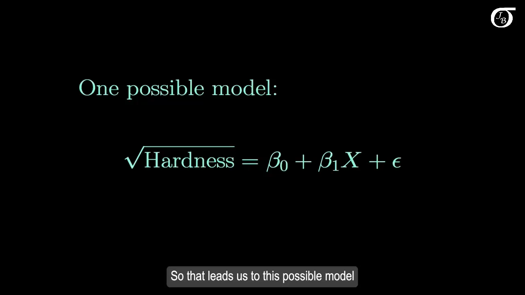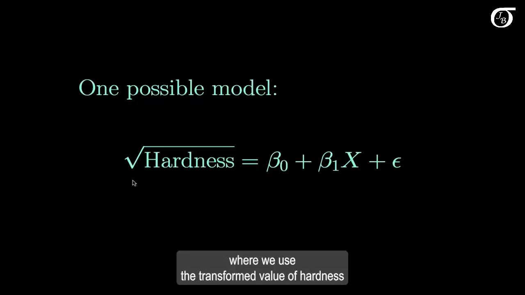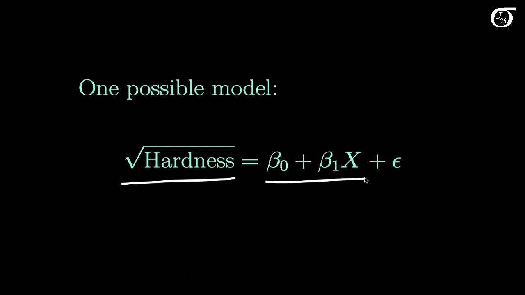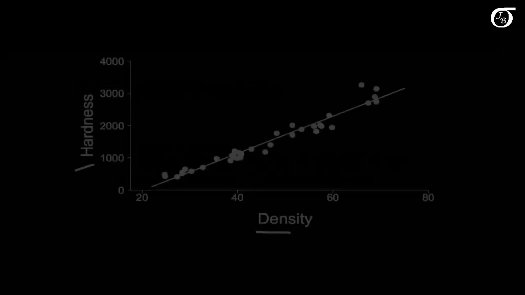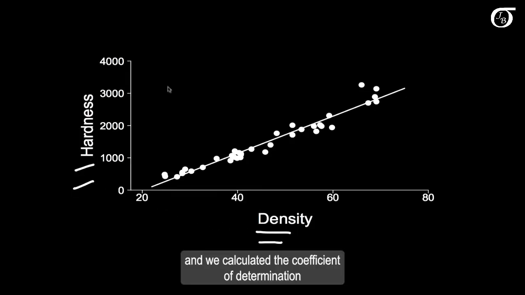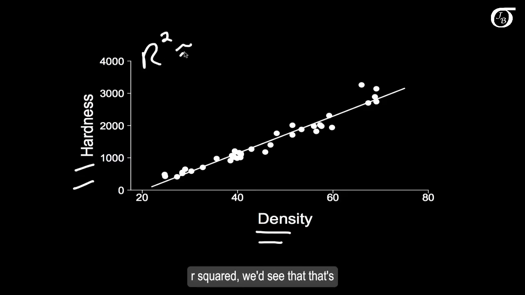So that leads us to this possible model, where we use the transformed value of hardness and say that the square root of hardness has this linear relationship with x. If we went back to the original data here and plotted hardness against density, and we calculated the coefficient of determination r squared, we'd see that that's approximately 0.95.